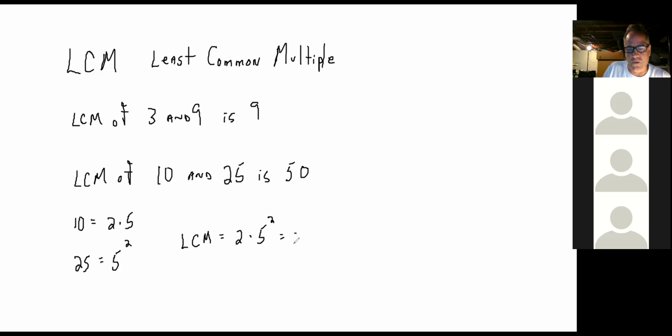That's going to be 5 squared is 25, and 2 times 25 is 50. Okay, so you can use prime factors to find these LCMs when it's a little bit more difficult. And there are a couple that you're going to definitely want to use some prime factorization with. And there's about 5 or 6 of those. And then that's it. That's as far as I want to go with this today.